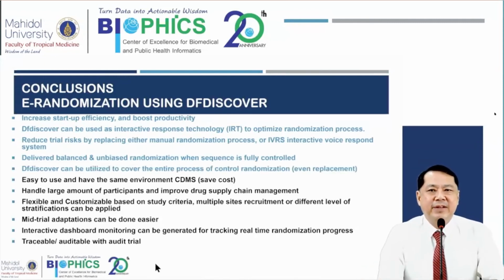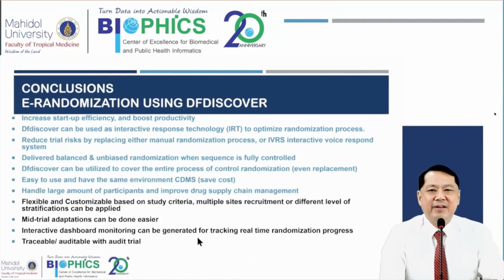And DFdiscover can be utilized to cover the entire process of the control randomization, even the replacement. Actually, I haven't mentioned the replacement process, but we can write an edit check to cover that kind of process too. And we think that it is easy to use, has the same environment as the CDMS, and saves a lot of costs.